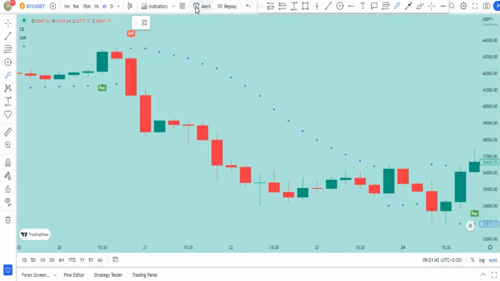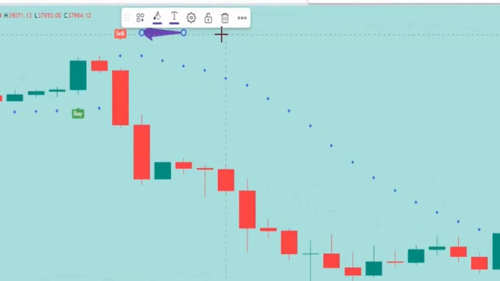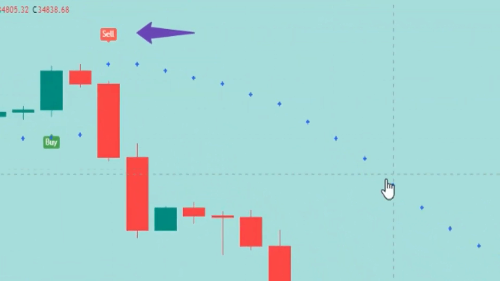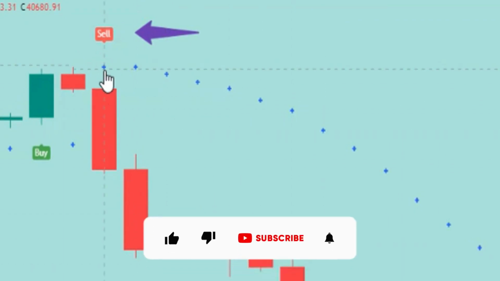In short trades, parabolic dots should be placed above the candlesticks, and the sell signal should be issued at the same time or at most after 2 dots.